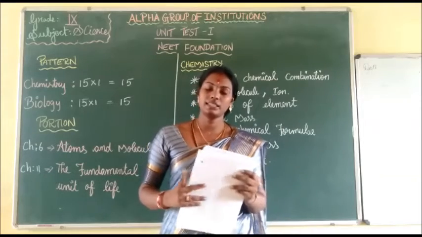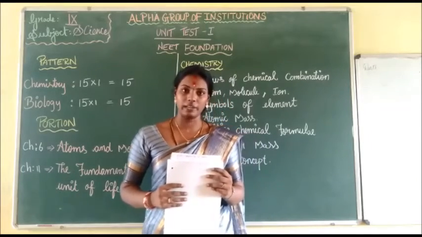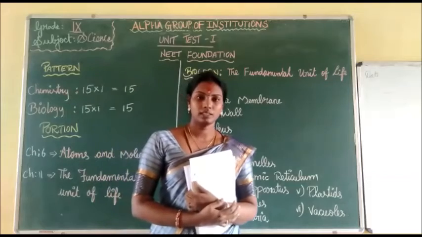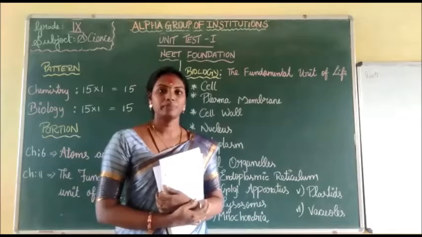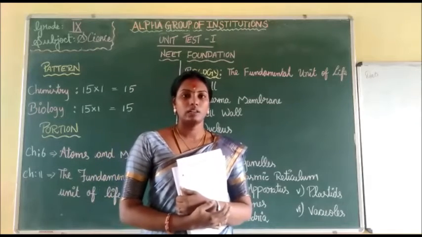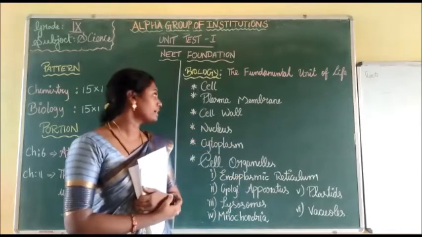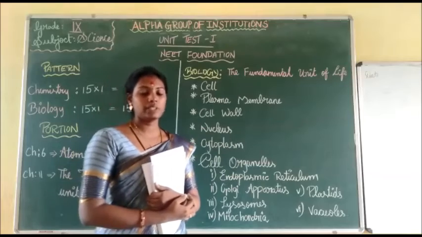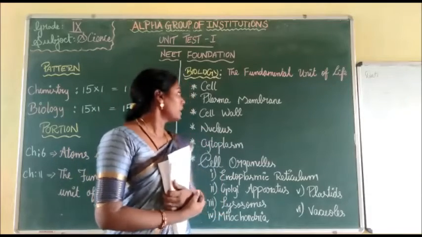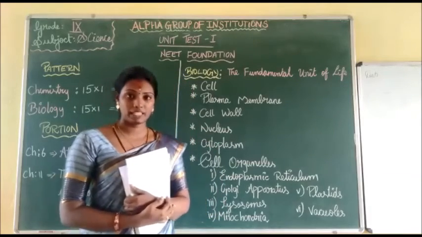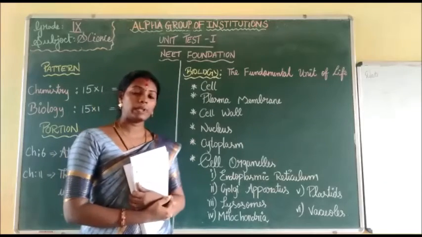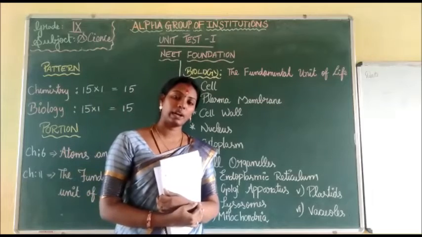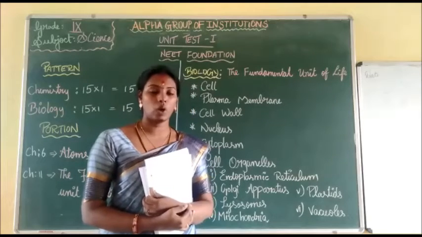So next, let's start the biology. The next chapter is the fundamental unit of life. The lesson contains cell, plasma membrane and cell wall, nucleus, cytoplasm, and finally the cell organelles.